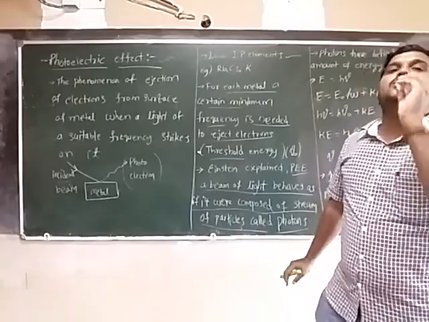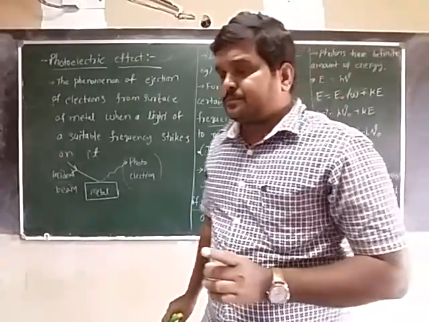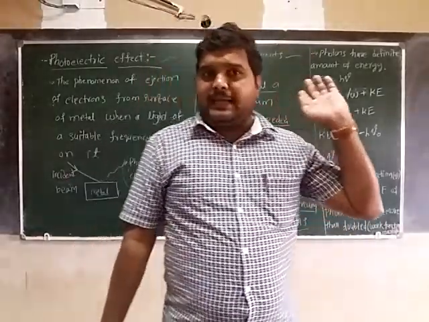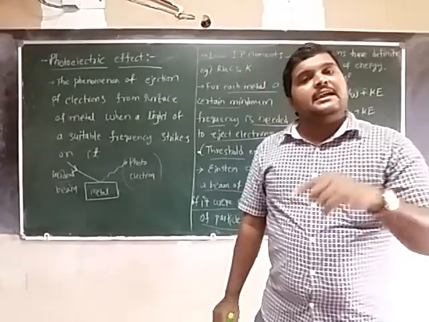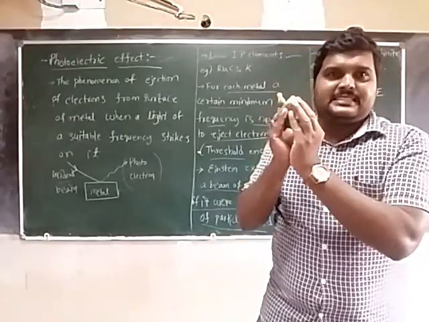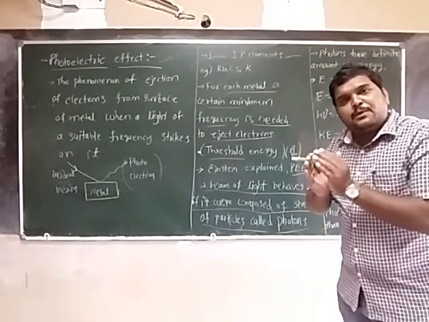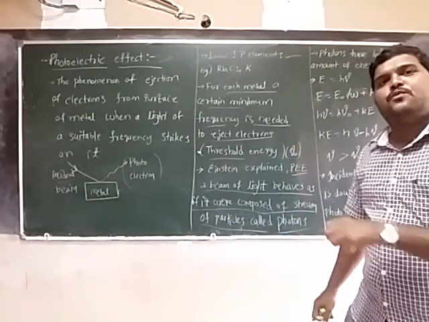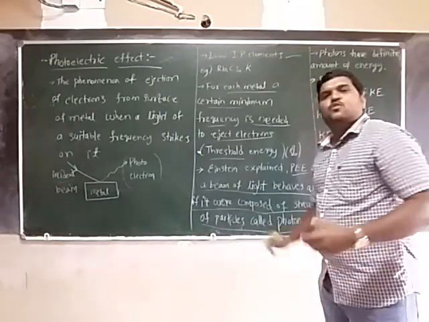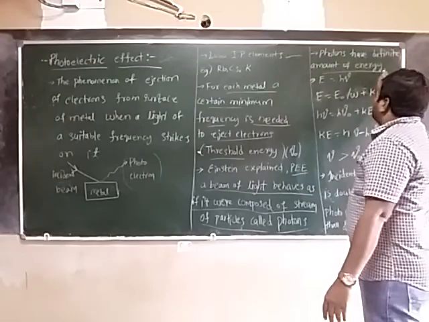They are called photons. Max Planck gave the quantum theory of radiation, saying that energy comes in small packets called quanta. So photons have a definite amount of energy.